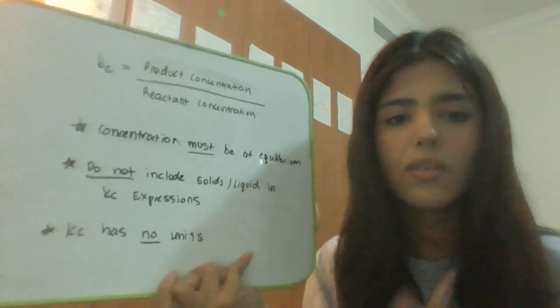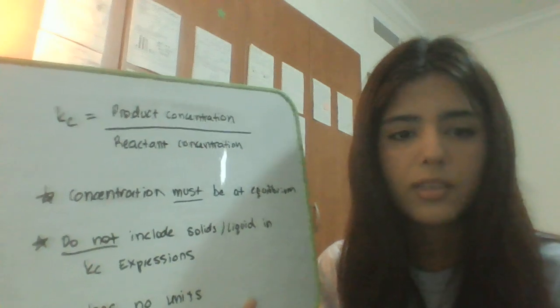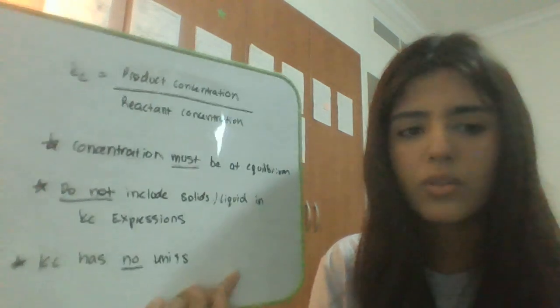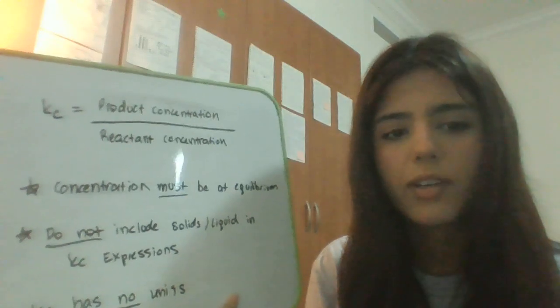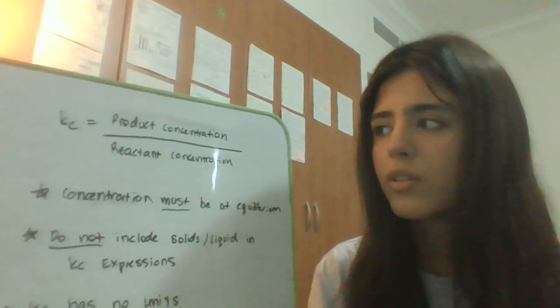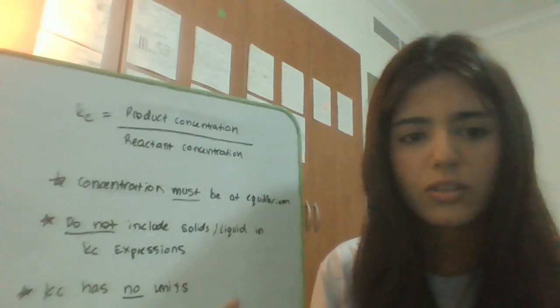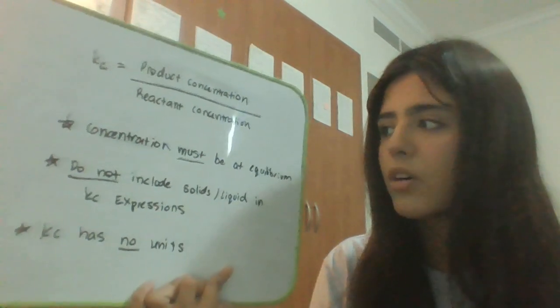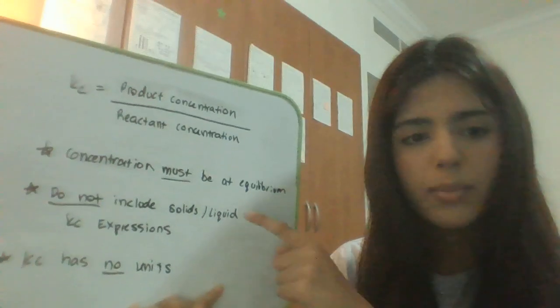Okay guys, so first of all, what is a Kc expression? I wanted to start the video by explaining some rules and basic things you need to know about Kc. Kc is basically the ratio of the product concentration over the reactant concentration. When you're doing these calculations, you need to make sure that the concentration is at equilibrium.